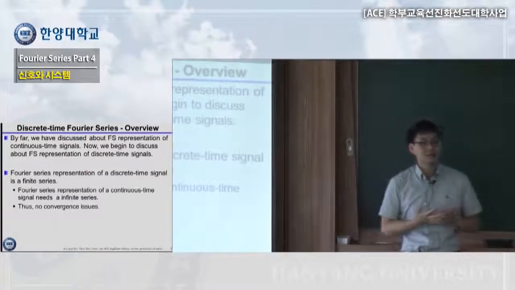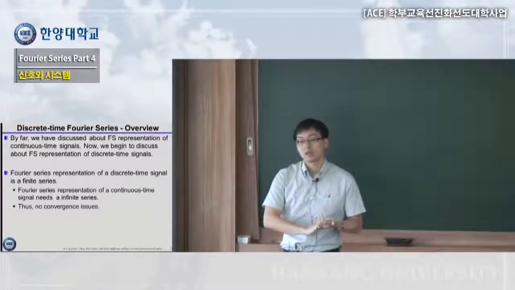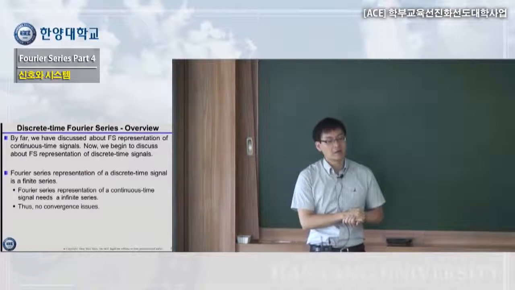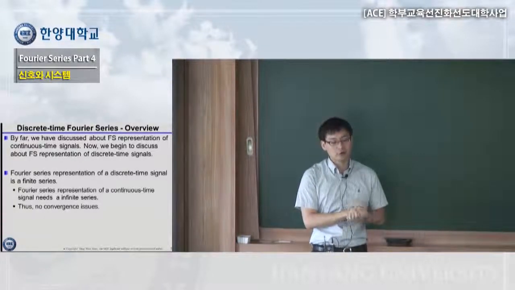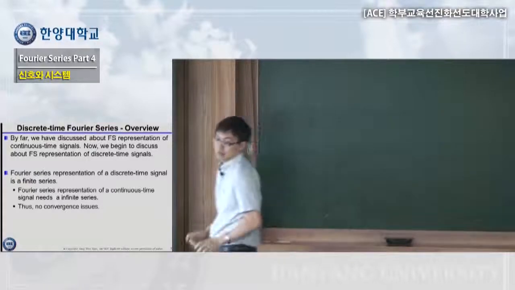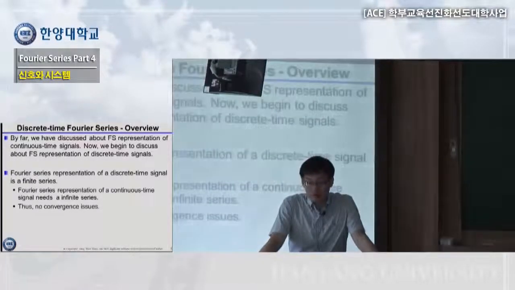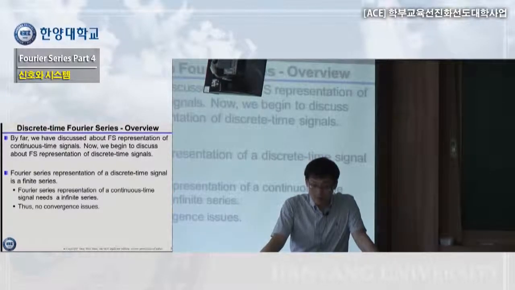So you will see that there's a lot of overlapping, a lot of similarities. I will try to speed up a little bit because we already learned about it. So by far, we have discussed the Fourier series representation of continuous time signals. Now, we will talk about discrete time signals.